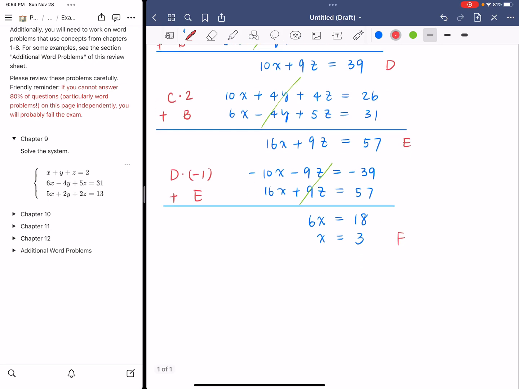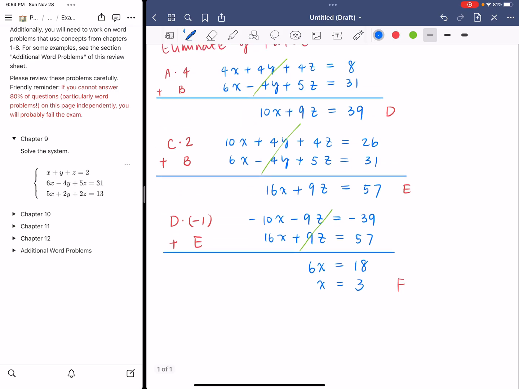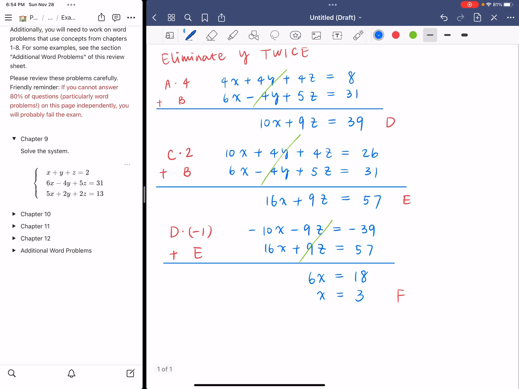Once you have one of the variables solved, then the rest are just easy. You just substitute back into either equation D or E to find out z, and then substitute x and z into either equation A, B, or C to find y. I'm going to do F. I'm choosing equation D. So you could start with equation D, which is 10x plus 9z equals 39, where that x will be replaced with 3.